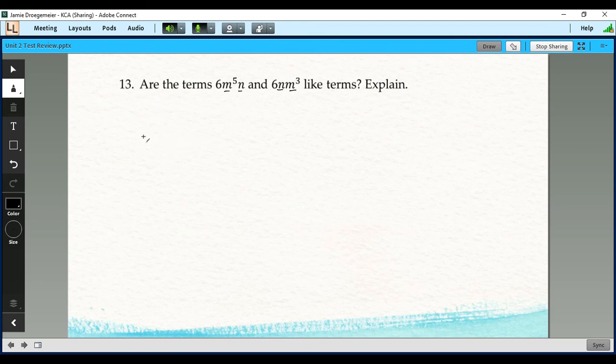So to be like terms, they have to have the same variable raised to the same exponent. And so that would be our explanation. I'm not going to write that out, but that's how you would go about explaining that answer.